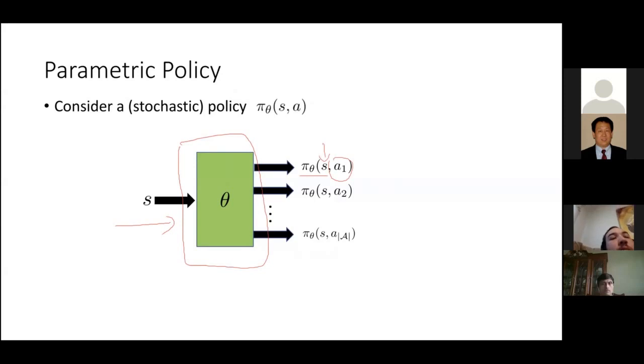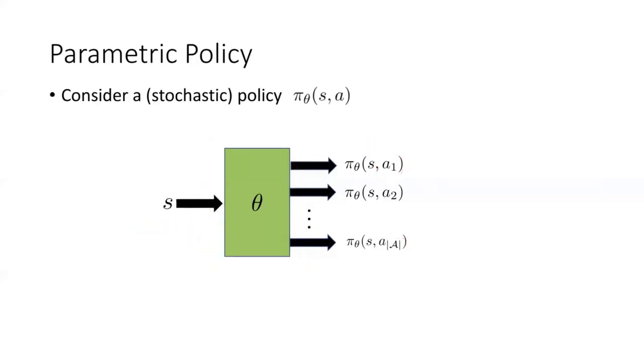Suppose you have this many actions, the output of the neural network can be this, or you can just sample one. It can be a single output, but the essence is that if you give the current state as the input, you should get as the output the probability according to which you take the action. So unlike the value, you are going to parameterize the policy here.